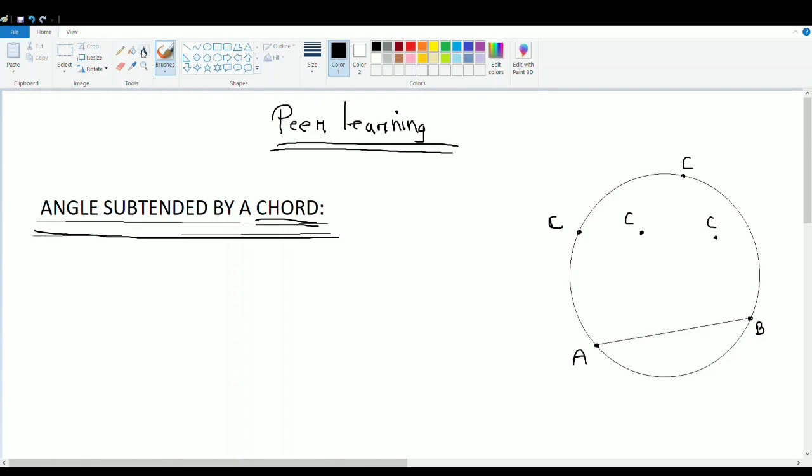So if we join these 2 lines AC and BC, basically an angle will be formed. And this angle is so called the angle subtended by a chord. This angle is called the angle subtended by a chord.